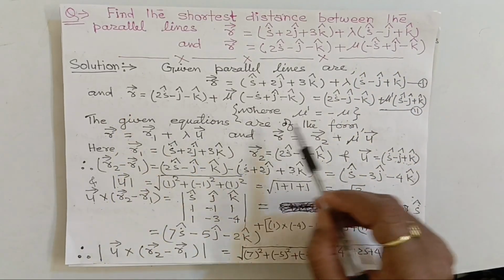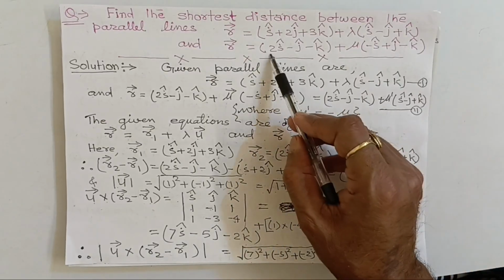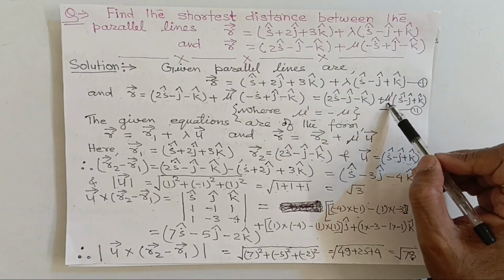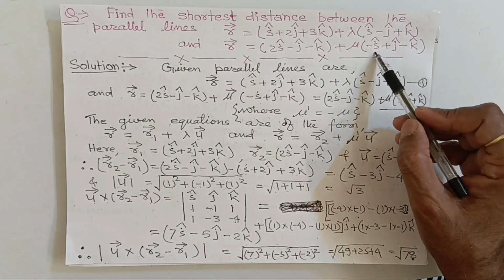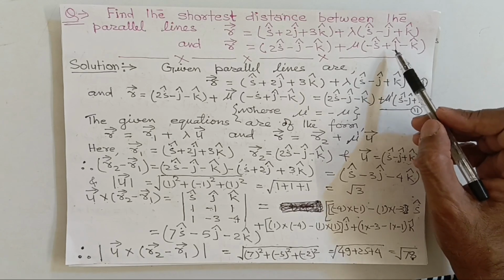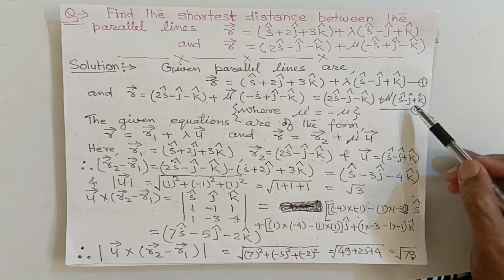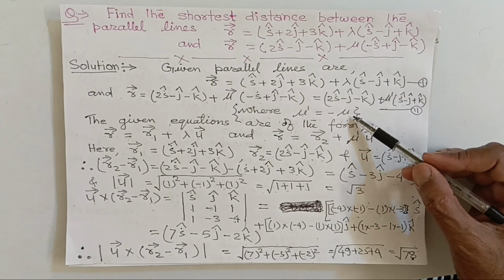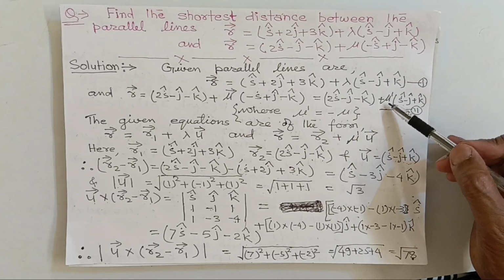And vector r is equal to 2i minus j minus k plus mu dash times (i minus j plus k), where mu dash is equal to minus mu. Lambda and mu dash are constants.